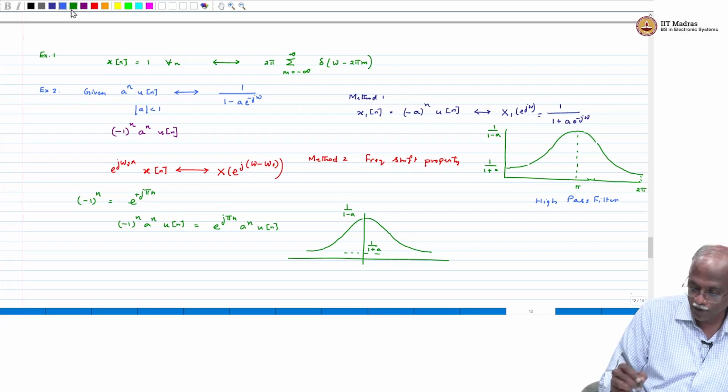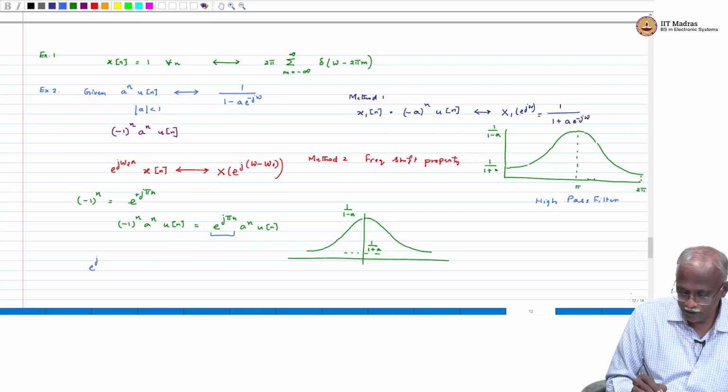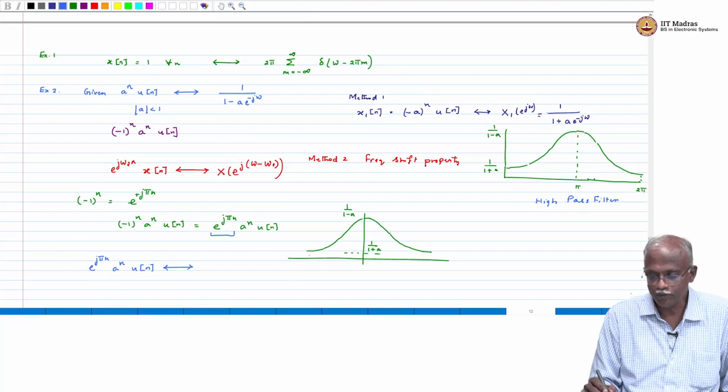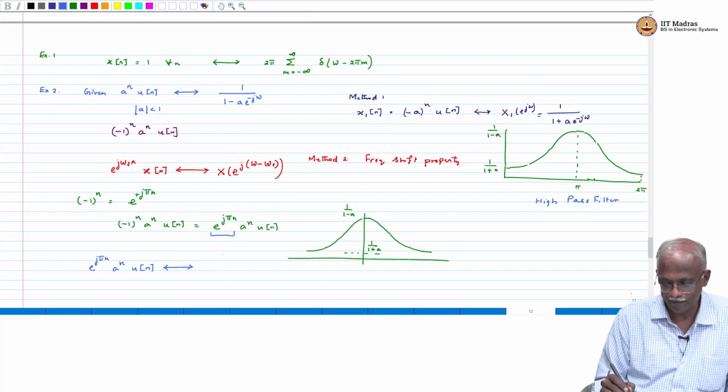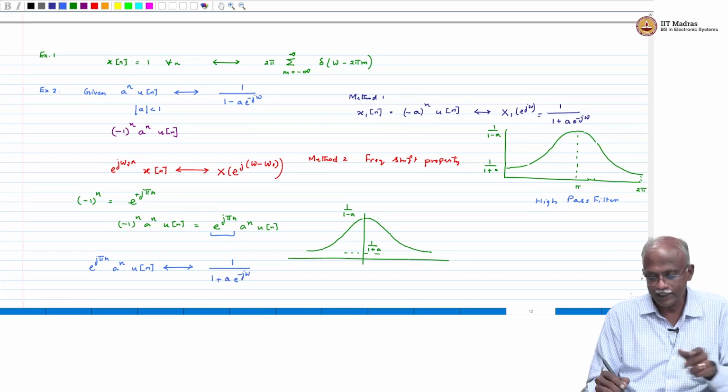Now, if I multiply by e power j pi n, the corresponding e power j pi n a power n u of n is equal to the original discrete time Fourier transform shifted by pi. So, you will get 1 over 1 plus a e power minus j omega as the response.